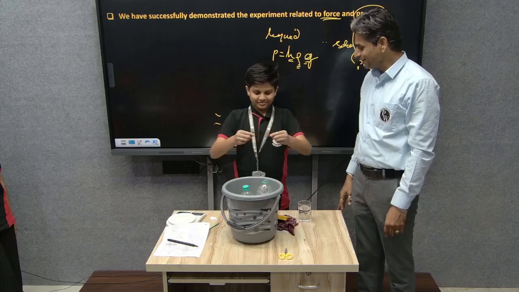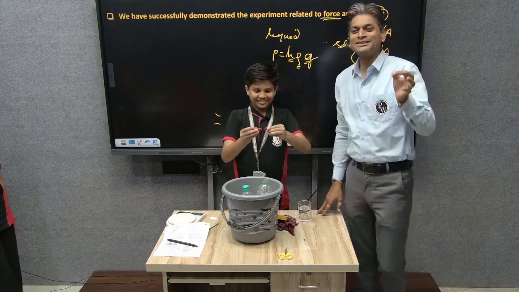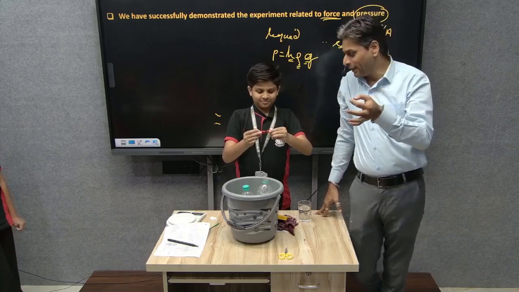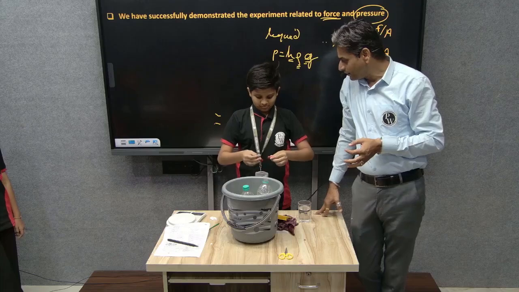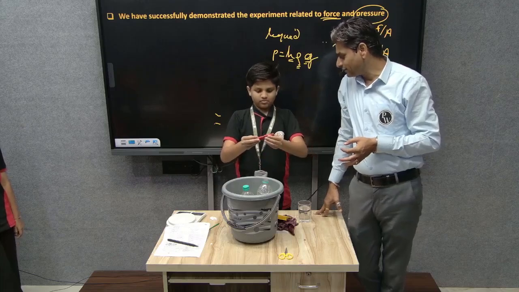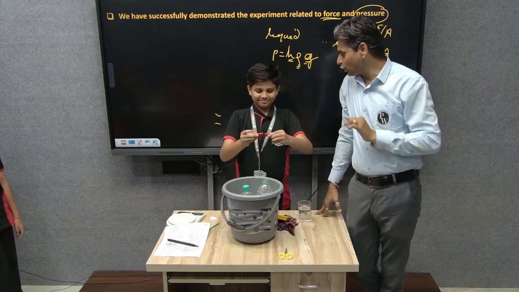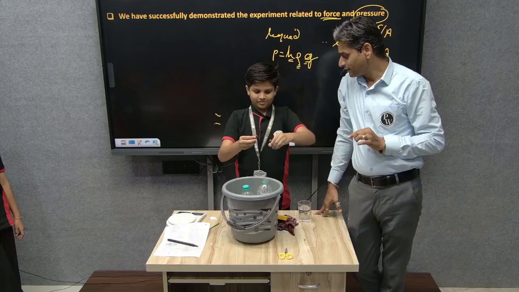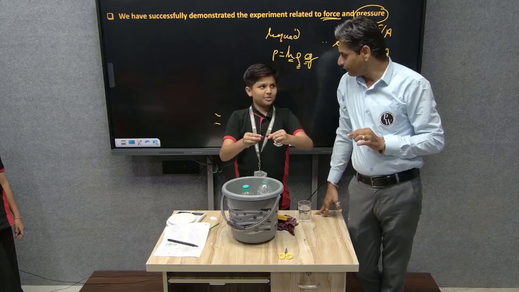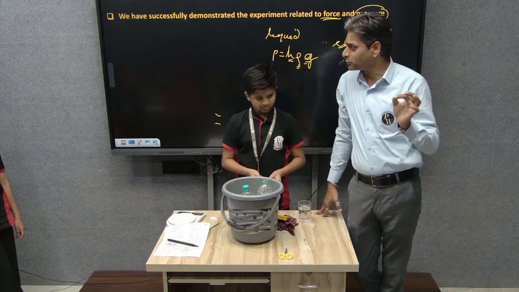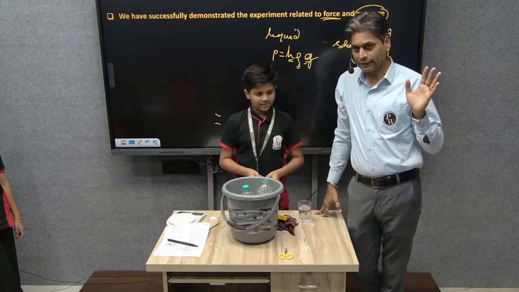Opposite poles will attract. Same poles will repel. Keep south, south. What will happen? It will repel. Okay. Take north, north. It will repel. Which means the same poles repel and opposite poles attract.